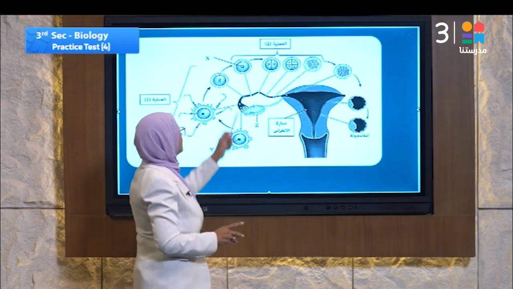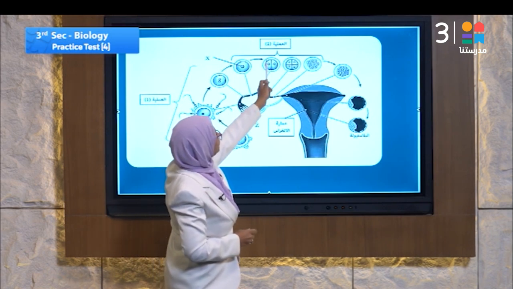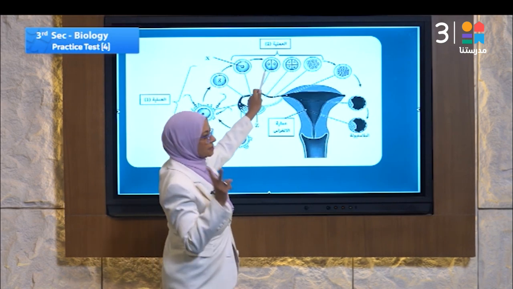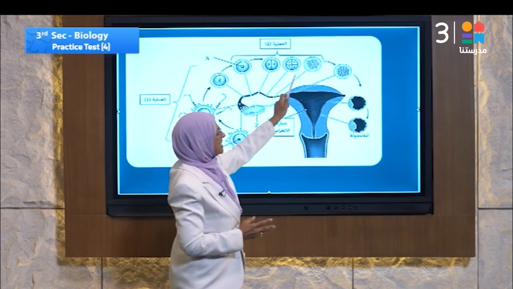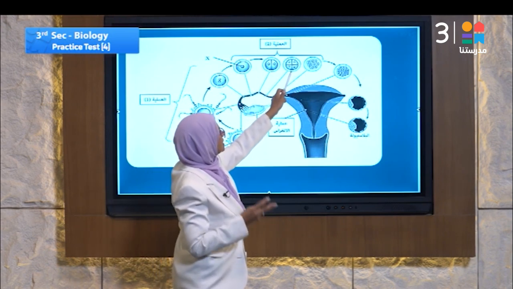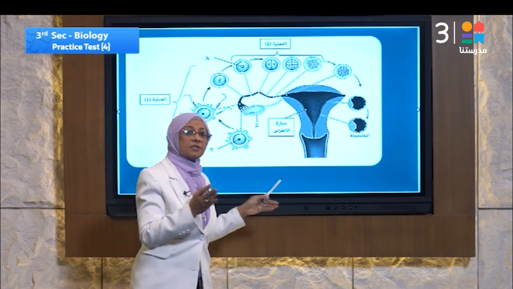The first mitotic division: X produces two cells. The two cells produce 4 cells. That's 2. The 4 cells produce 8 cells. So 3 mitotic divisions are done here.